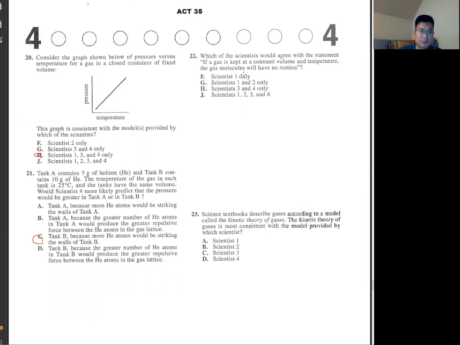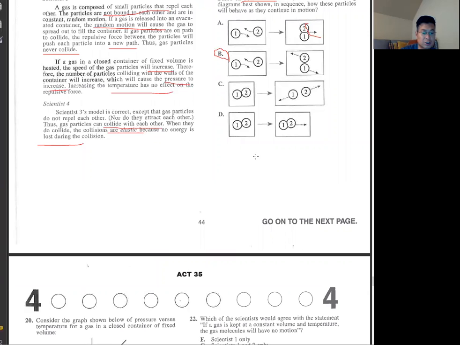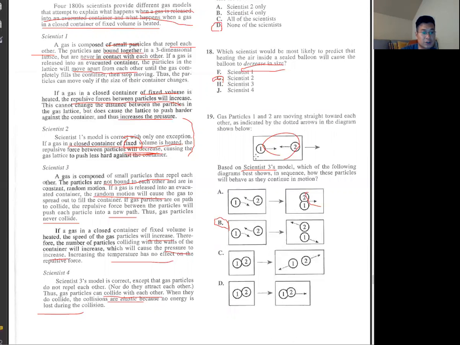And 22, which of the scientists would agree with the statement, if a gas is kept at a constant volume and temperature, the gas molecules will have no motion? So, constant volume, the volume stays the same. Scientist 1, the second line, says particles are bound together, which means it just stays there, except when gas is released into an evacuated container.